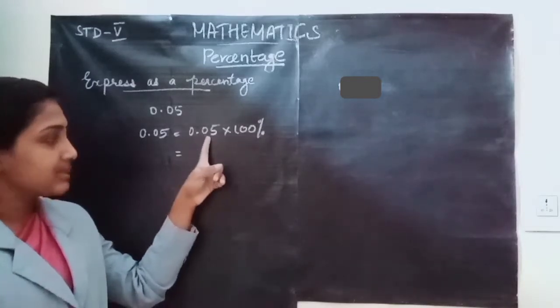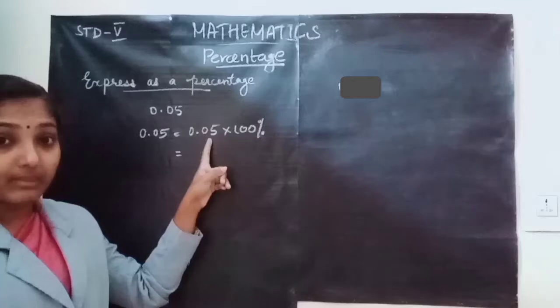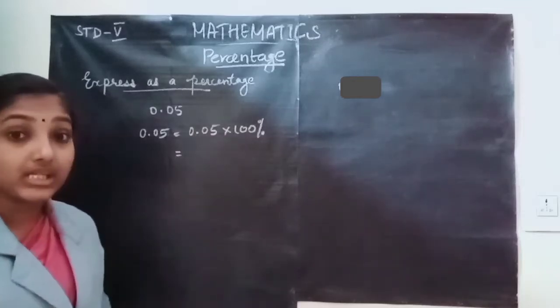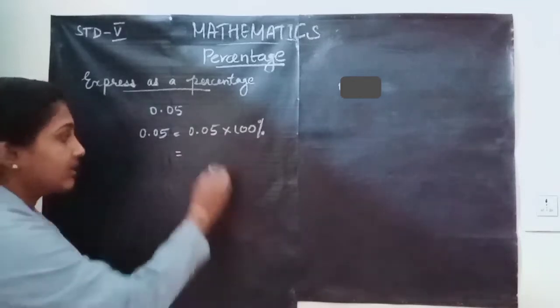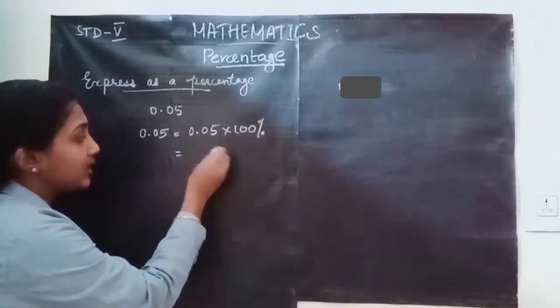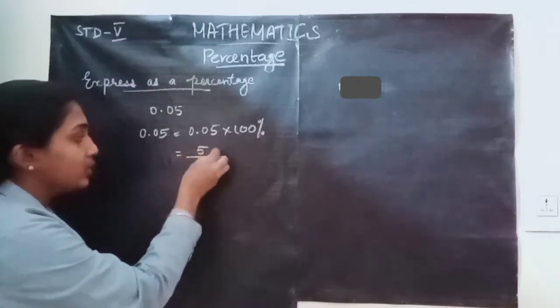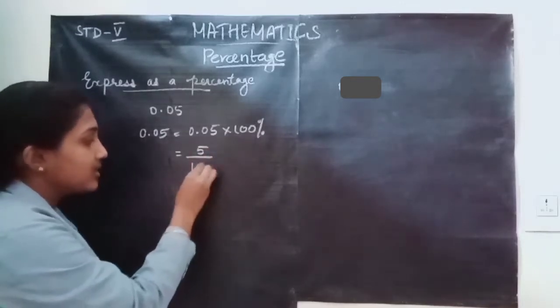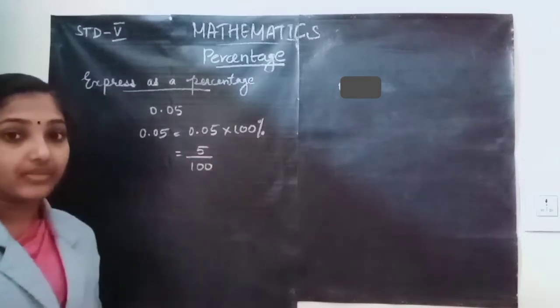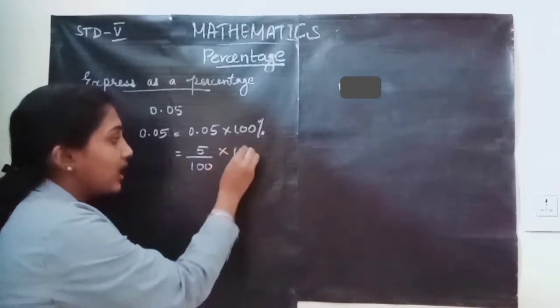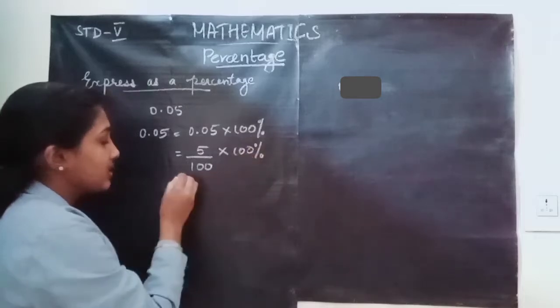So see how we are representing this decimal number as a fraction, 0.05. Here after the decimal, it has got 2 decimal places, right? So the denominator will be 100 and the numerator will be 5. So it is 5 by 100 into 100 percentage, right?